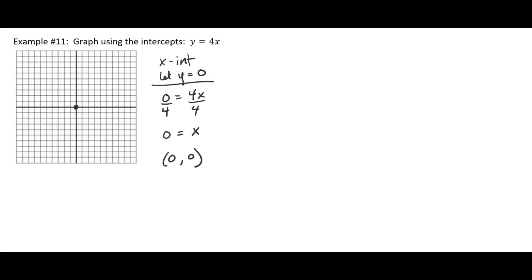We only have 1 point, so we're going to have to find some more points. We'll just have to pick some numbers. I'll let x equal 1. So y equals 4 times 1, or y equals 4. That gives me the point 1 comma 4. And I have to pick another point. I'm going to pick for x again.